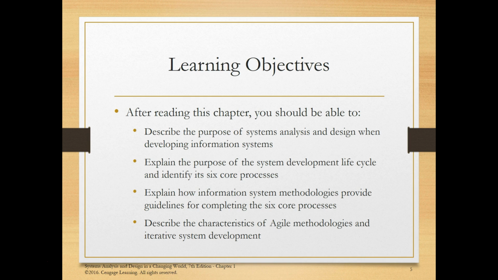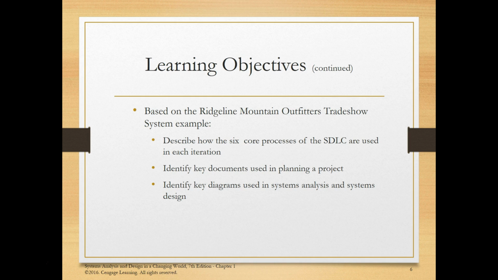After this chapter, after week 1, you're going to understand what the 6 core development processes of that software development life cycle are. We're going to talk about Agile. Agile just means you can move around, because that's the trend in system development now. We're going to look at, based on that RMO, how those processes apply or how a company would do that.